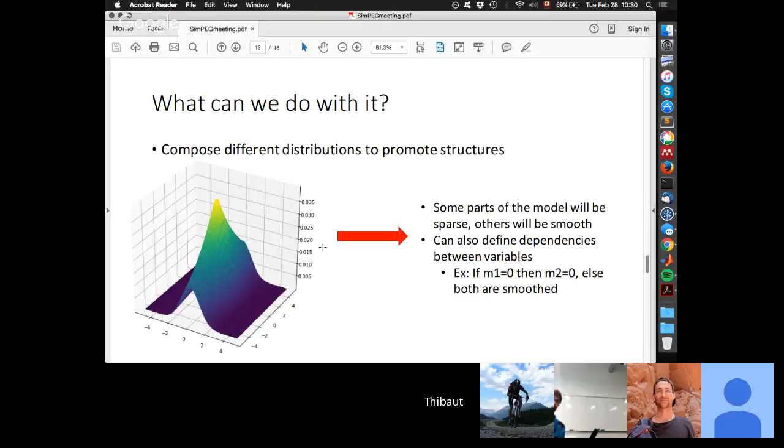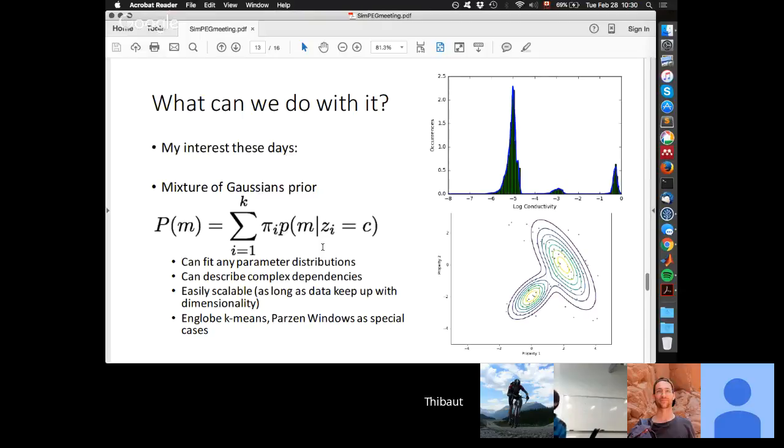This one is really just, okay, here are some things that people do, but I haven't dived into it that much. But what I've been working on more these days is the prior that we talked about. So far, we've seen that if you use a single Gaussian or a single Laplace, we're going to get L2 or L1 norm.